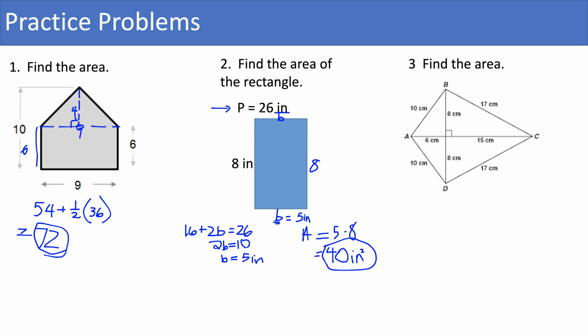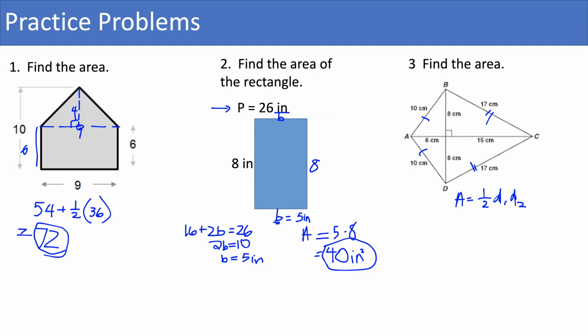All right, find the area. All right, so what shape is that? Well, let's see, what do I know? It's a quadrilateral. These two are equal. These two are equal. That must be a kite then. Okay. So the formula for a kite is half d1 times d2.